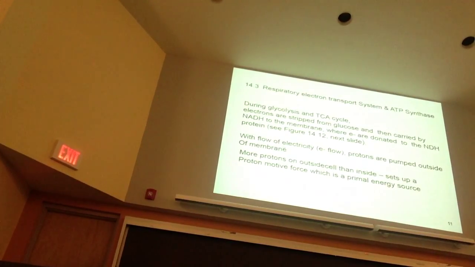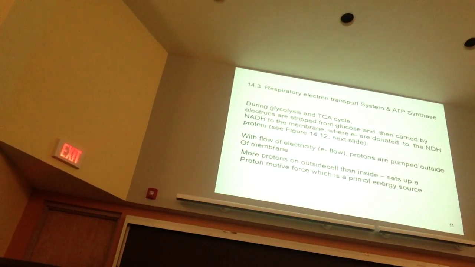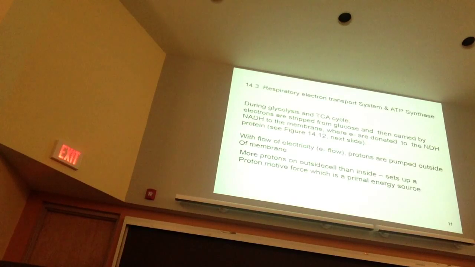With the flow of electricity, with electron transport in those membrane proteins, protons are pumped outside of the membrane, and more protons are then on the outside than on the inside. This generates the proton motive force, which is this primal energy source, which results from electron flow.